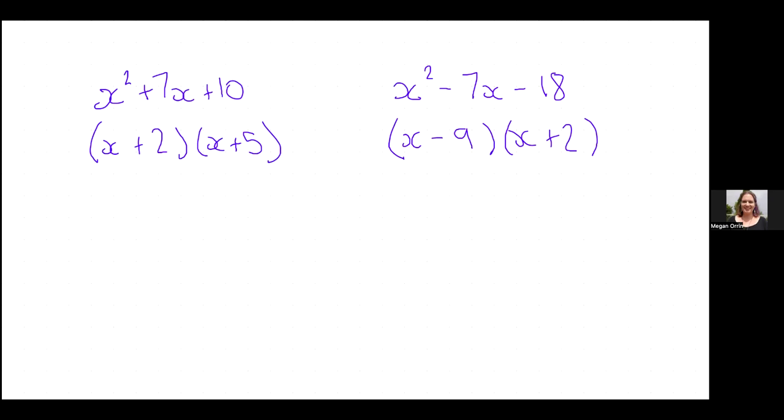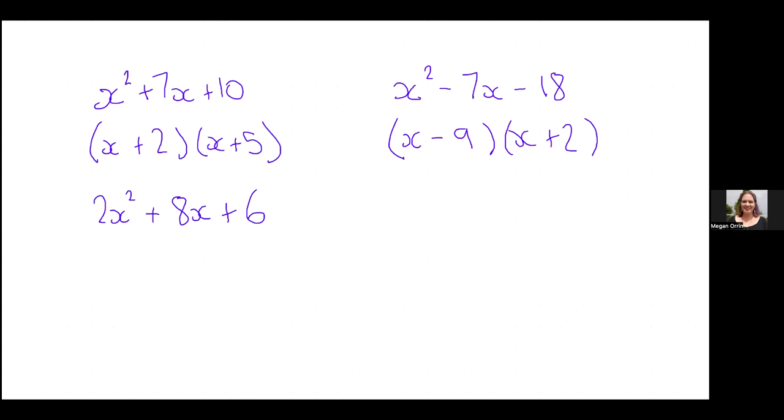All right, so first of all, let's look at an easy version. Okay, when you're factorizing, what's the one thing you should always look for first?